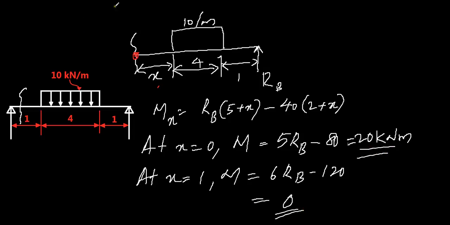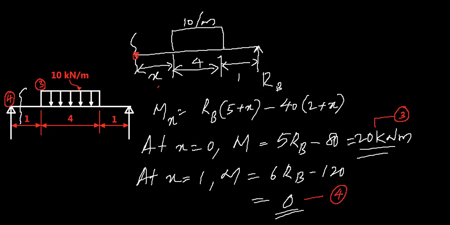So that's your third and fourth values of moment. So your third point here and the fourth one here. So this is your third and this is your fourth moment value.